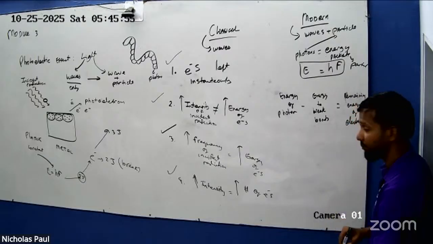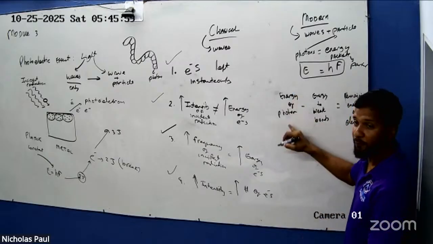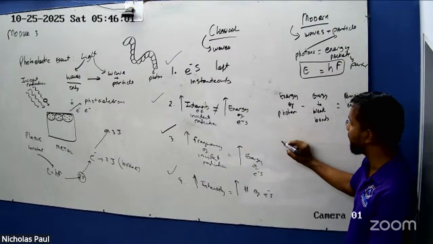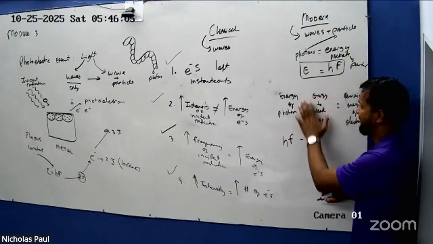Very good. This is the formula Einstein came up with. Energy of the photon is what? HF.